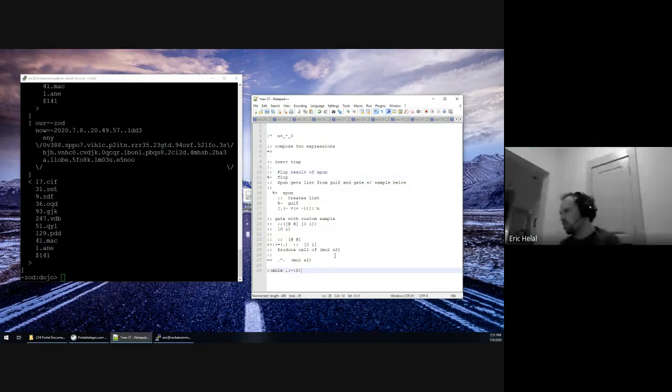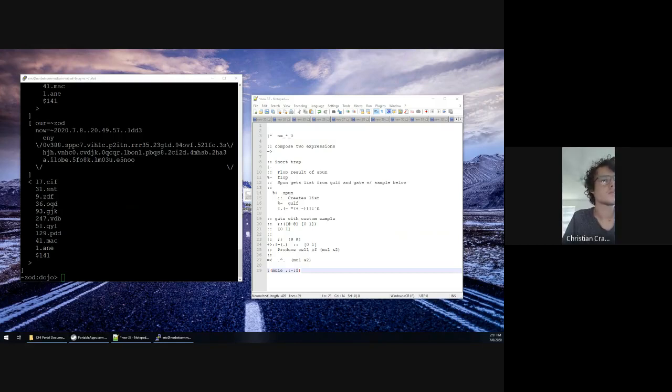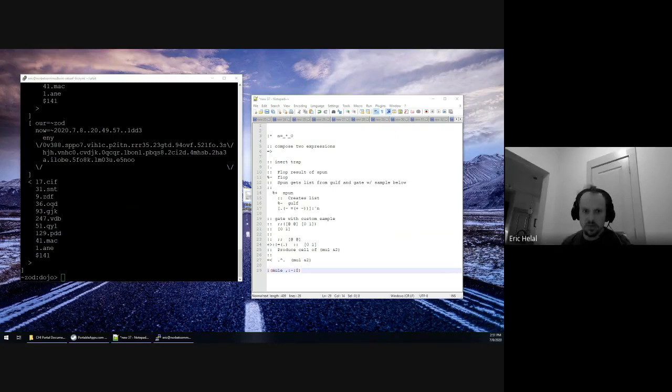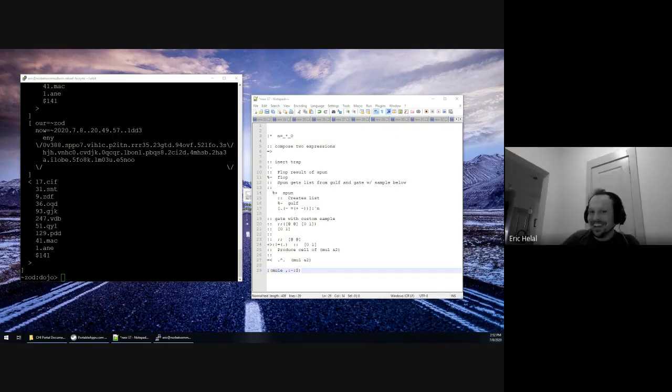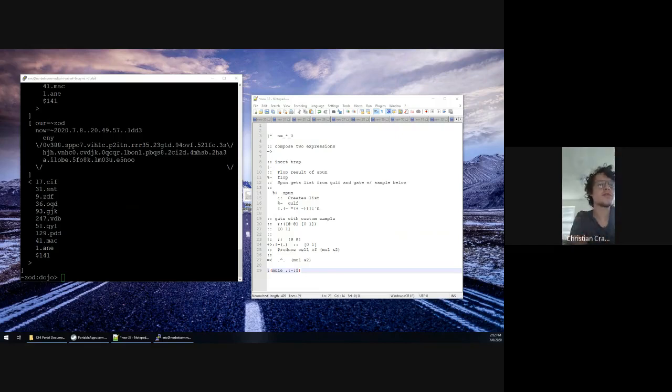So then, what does mule do? Oh yeah, you're gonna like this one. This mule is pretty simple. Basically, it tries to call something, and if it doesn't work, if it fails, then.